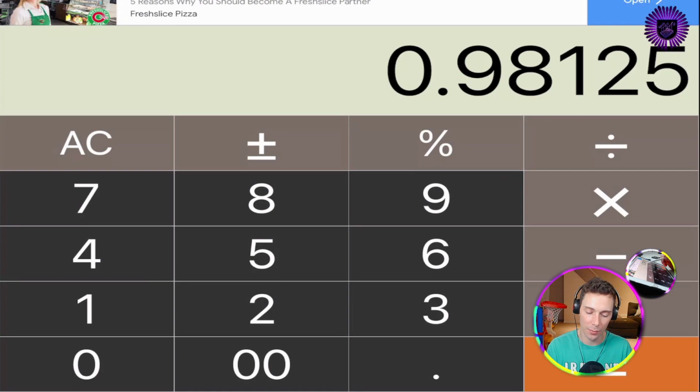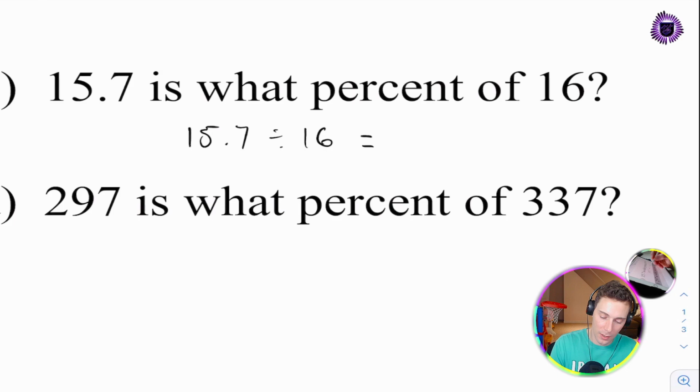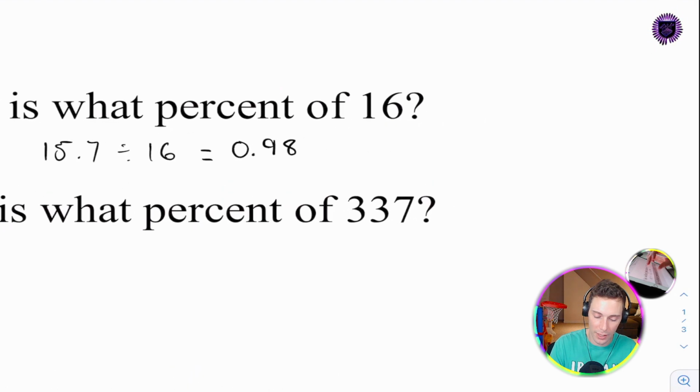0.98125. We'll round that down to 0.98. Now, to turn that decimal into a percentage, we can go 0.98 over 100 is equal to 98%.